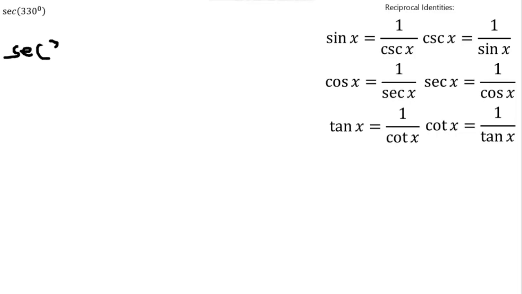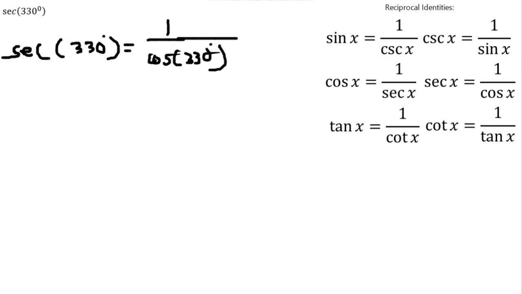Now let's try this problem. We have secant 330 degrees. As we know, secant 330 degrees, we can just write this as 1 over cosine 330 degrees. And we can find the reference angle here.